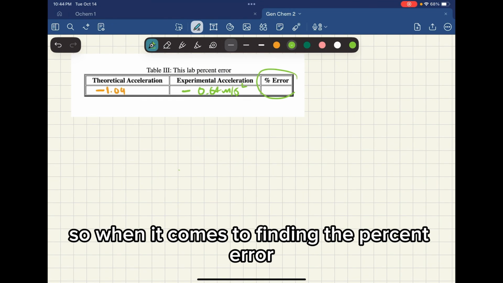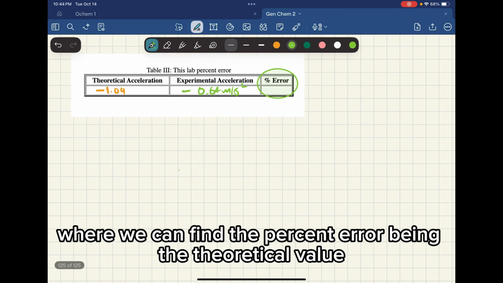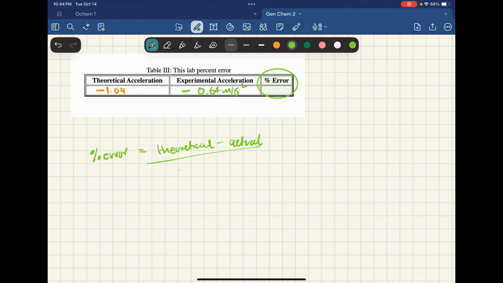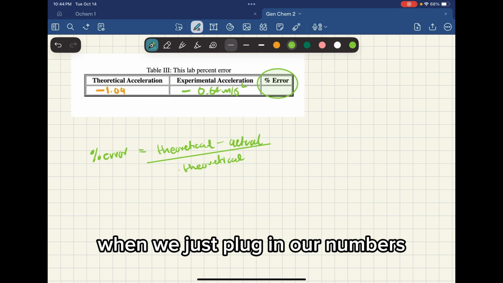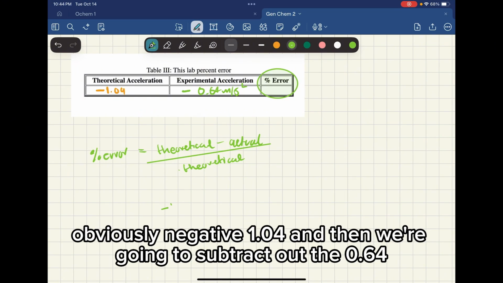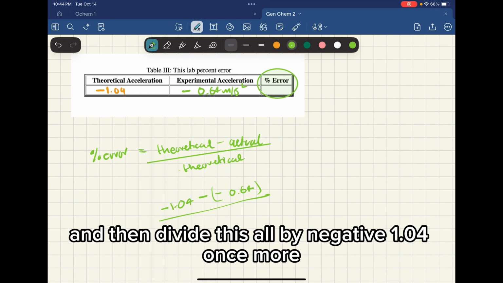So when it comes to finding the percent error, it's a relatively simple process where we can find the percent error being the theoretical value minus the actual value, all divided by our theoretical once more. When we just plug in our numbers, we should get that our theoretical is obviously negative 1.04, and then we're going to subtract out the 0.64, and then divide this all by negative 1.04 once more.